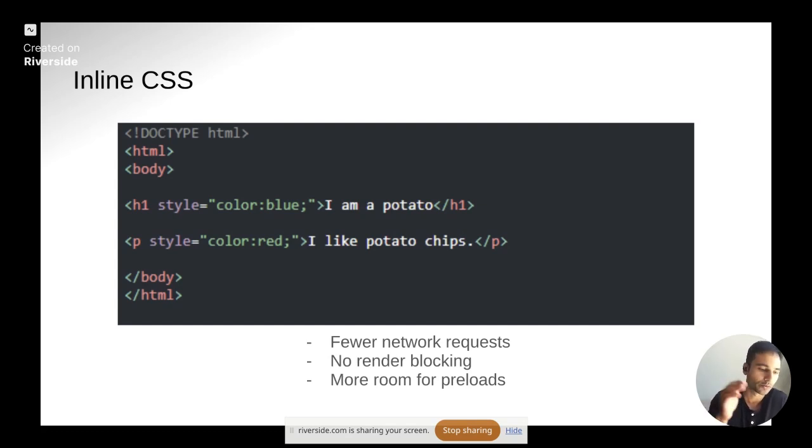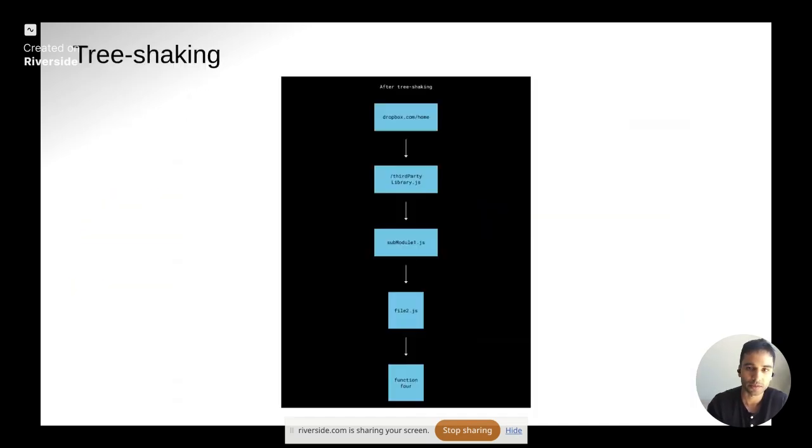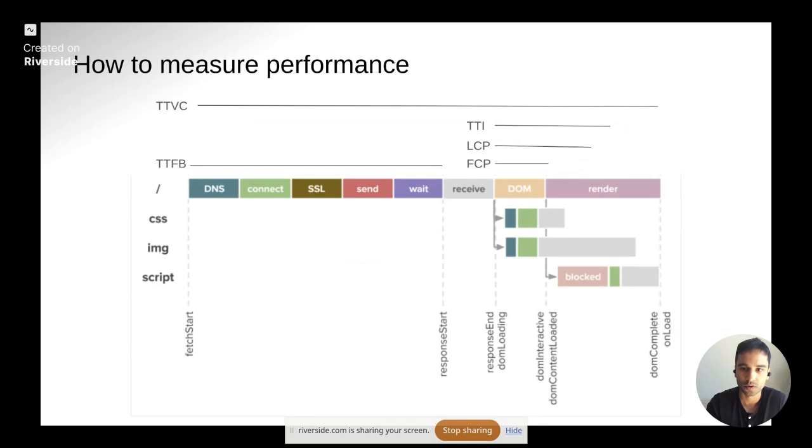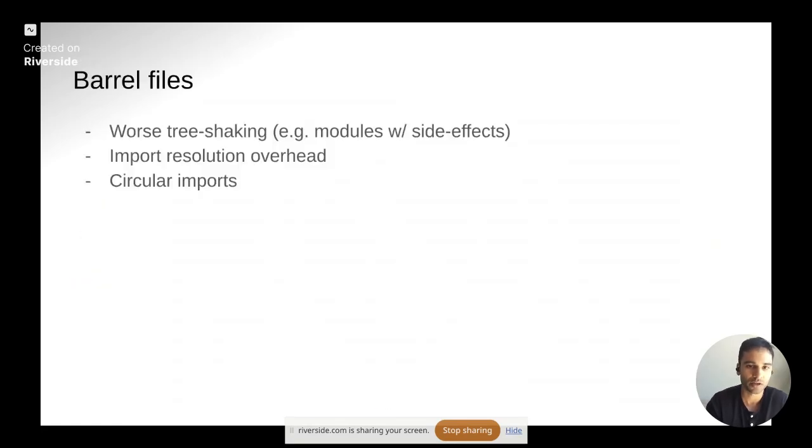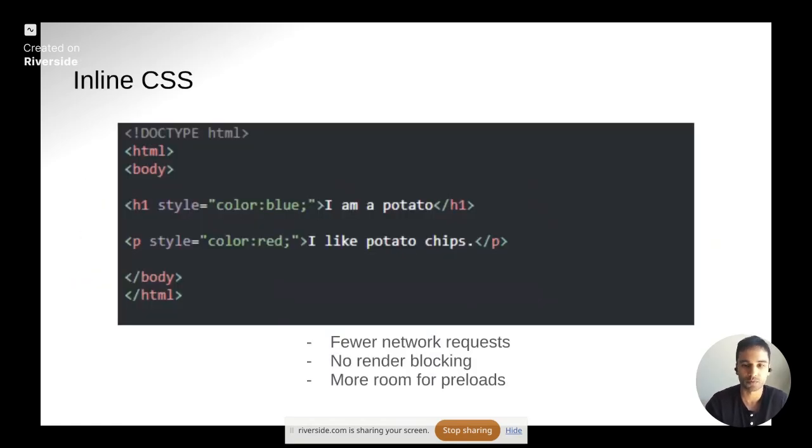If you refer to the first graph we had with the waterfall, CSS is actually something that blocks the DOM load, and it increases your FCP, the first contentful paint, and largest contentful paint as well. So inlining CSS could be a pretty powerful technique to speed up your web pages, and it also gives more room for preloads if you're preloading a lot of assets like images.